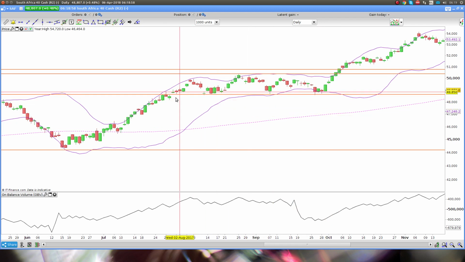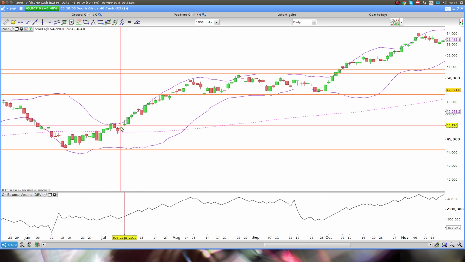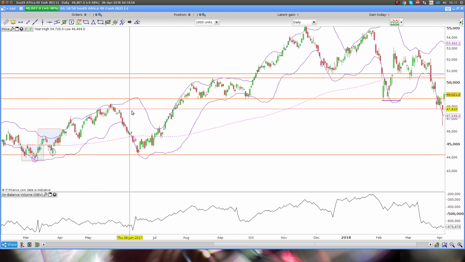So whether you're using one or two or even three bars to look for these patterns, or you look at them over a bigger time period.